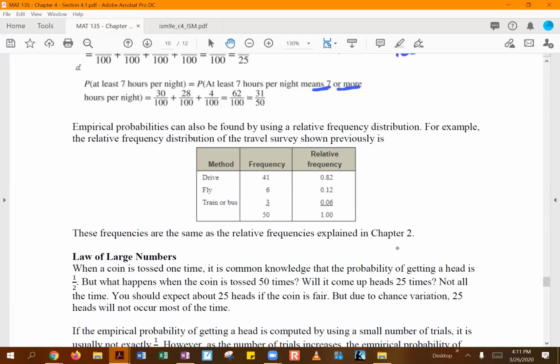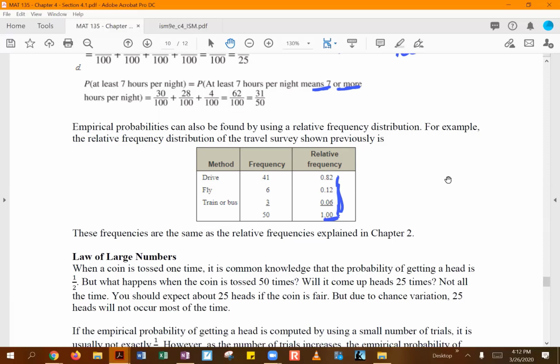If you did 6 divided by 50, that would give you the 0.12. And then, of course, 3 divided by 50 would give you the 0.06. Now, since probabilities have to all add up to 1, obviously you can see all of these here end up adding to a total of 1.